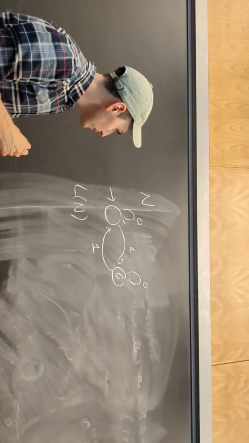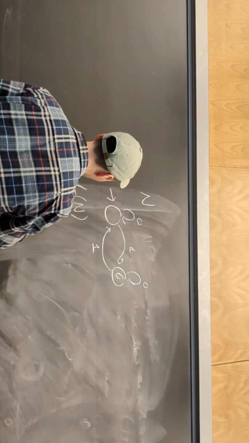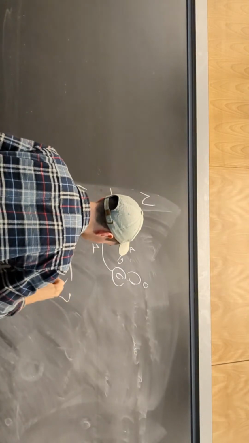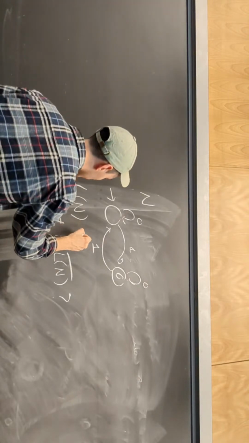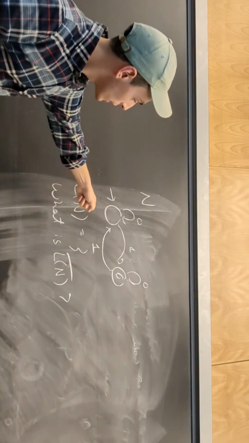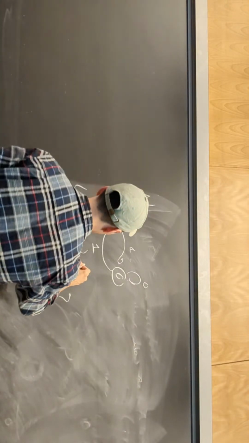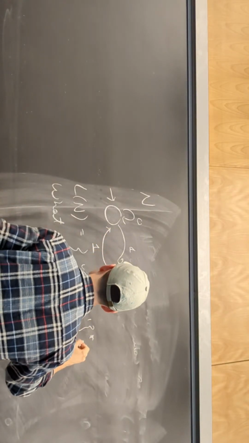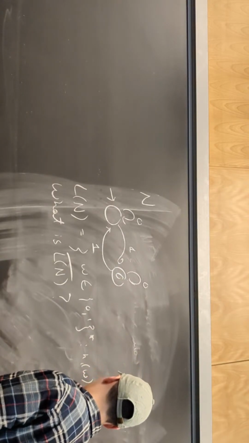Now if I ask you, what is L of N complement? L of N here is fairly similar to a DFA we just saw, except that in this case it's where N1 of W is odd.